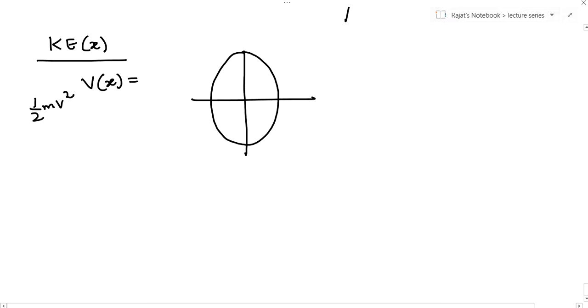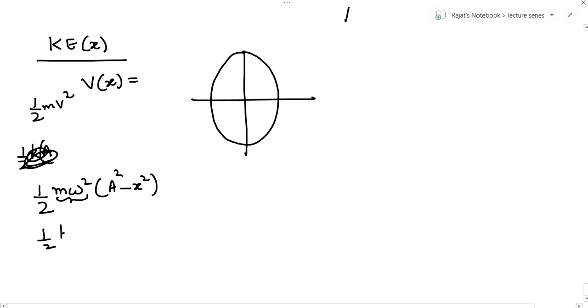If I substitute the value, we derive the expression half m omega square into a square minus x square. Okay, and m omega square is nothing but k, so half k into a square minus x square.